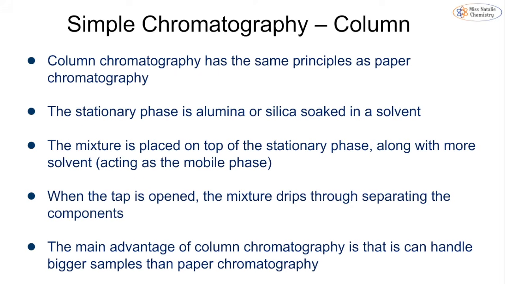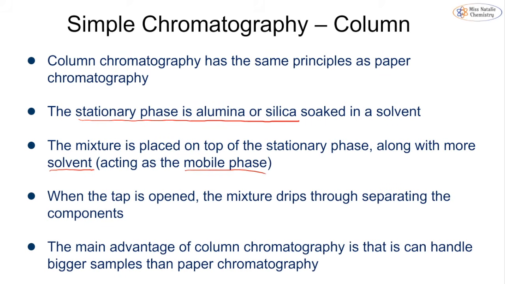The stationary phase for column chromatography is again the silica or alumina, and this time it's packed into the column, and it's generally soaked in some sort of solvent. Again, the solvent can vary. The mixture that we want to separate is put onto the top of the stationary phase, so at the top of the column above the silica, we pour the mixture and we add some more solvent, and that solvent acts as the mobile phase.